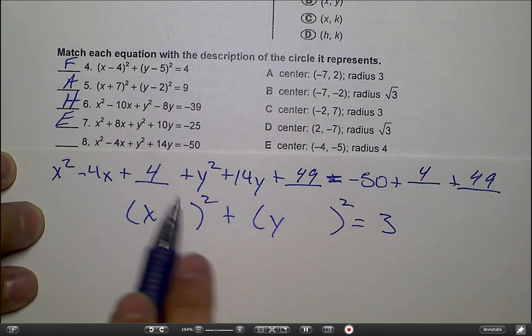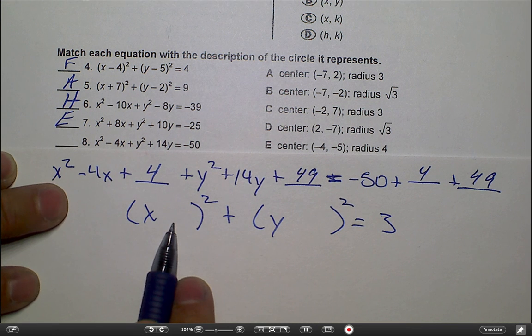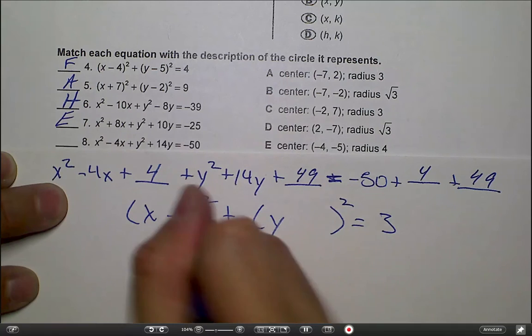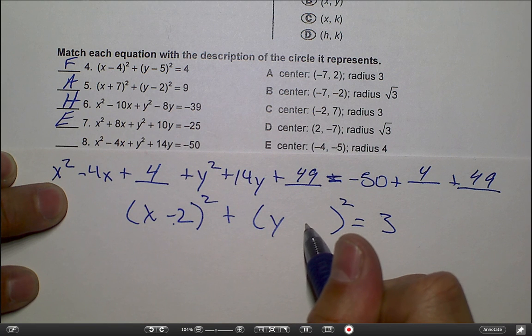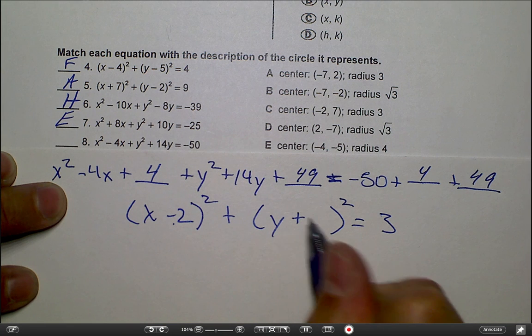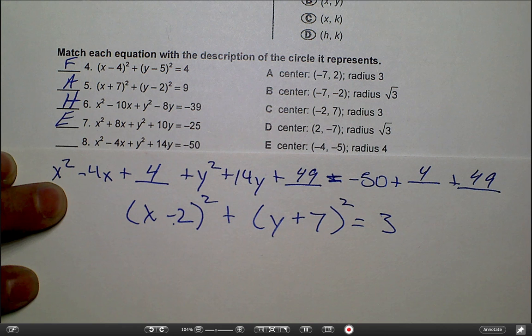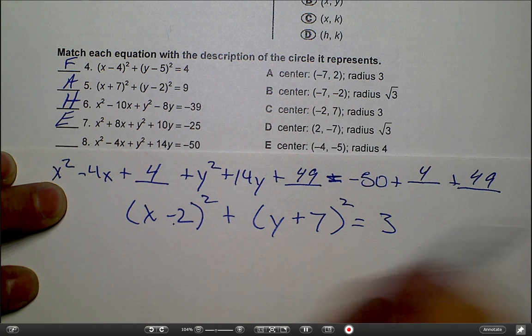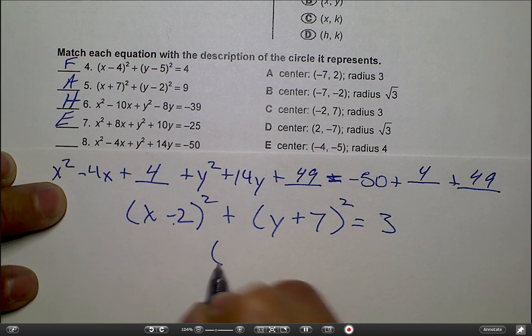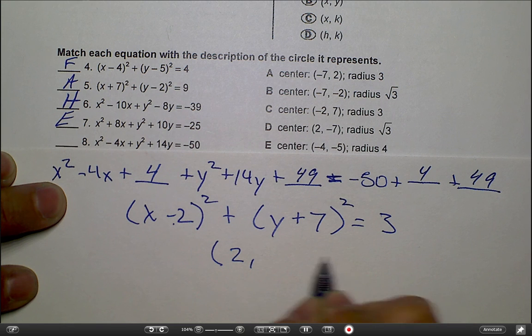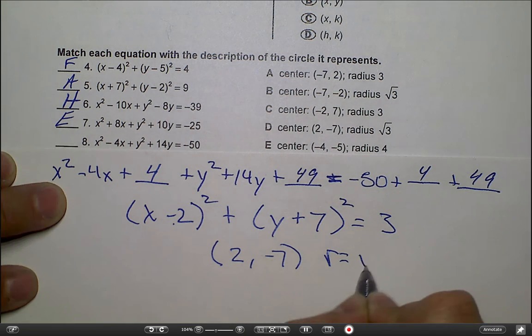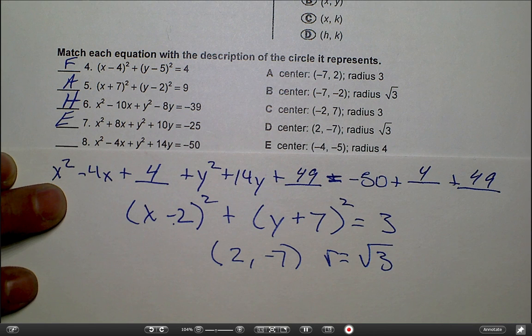All right, so what are we going to have here? Negative 2. What's here? Plus 7. All right, let's see. So my center is at these, and my radius is the square root of 3. So what answer is that?